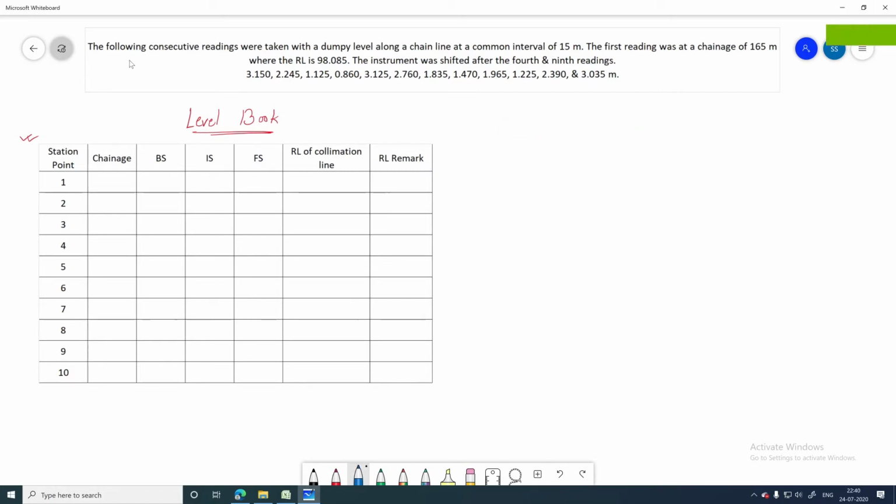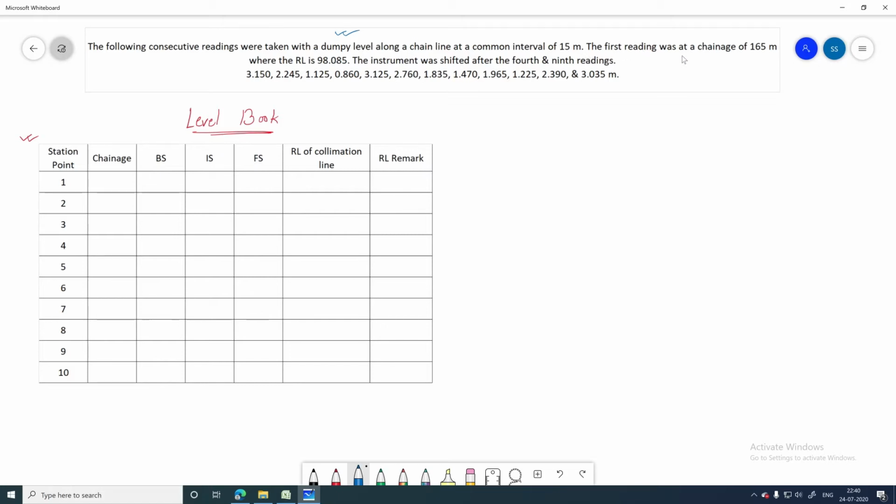Here it is said that the following consecutive readings were taken with a dumpy level, the leveling instrument, along a chain line at a common interval of 15 meter. That means using this dumpy level, some readings are taken at a common interval of 15 meter.